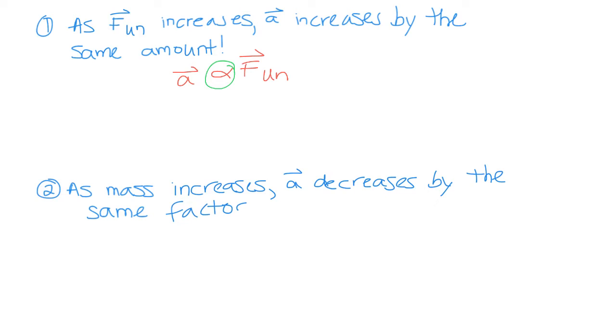So that Greek letter alpha means is proportional to. If you have two variables or two quantities that are proportional, we get a linear relationship. As one increases, the other increases by the same amount, which is what we saw in the lab.